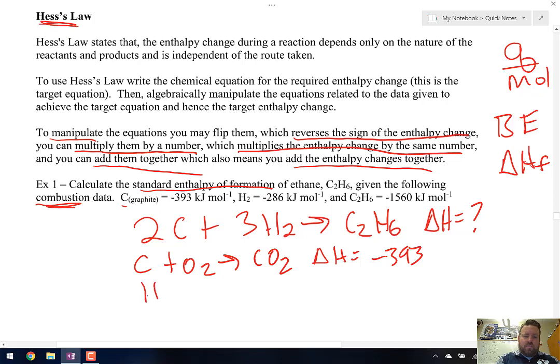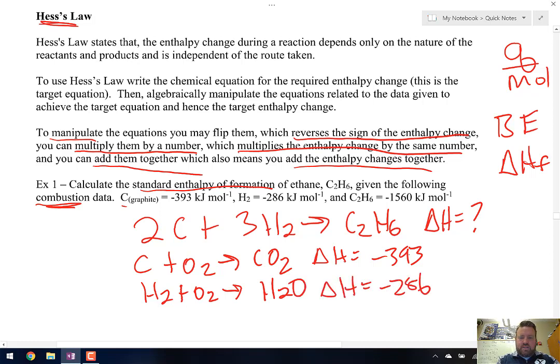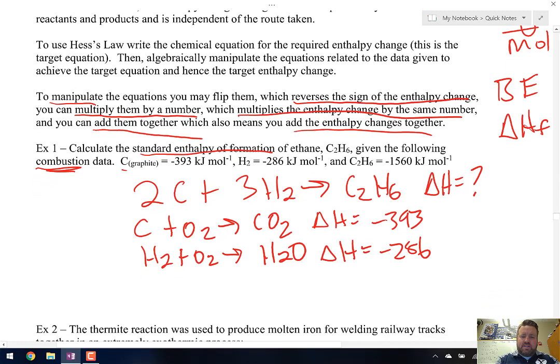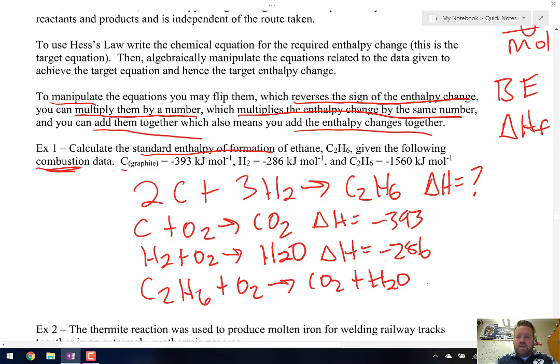When you combust hydrogen, you get H2O, and the enthalpy change for that is -286. And the combustion of ethane, C2H6 plus O2 makes CO2 and H2O, has a delta H of -1560.